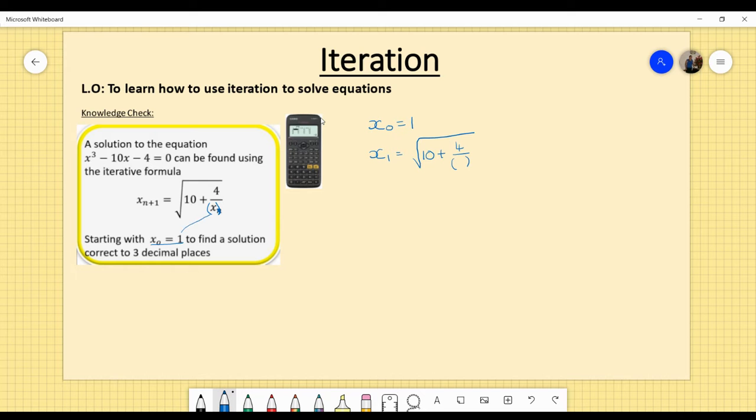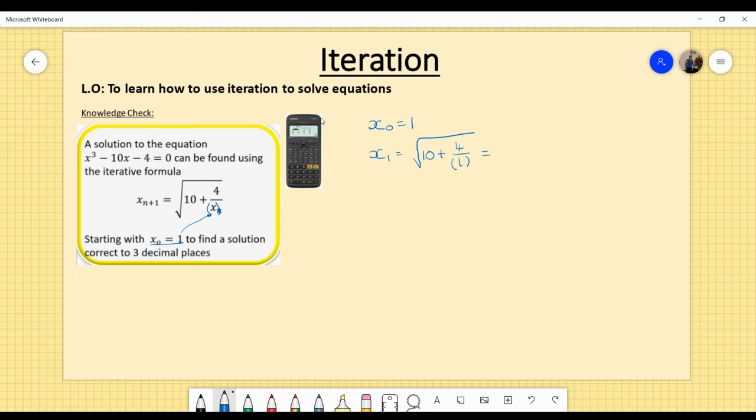Remember, that starting value is the first thing that I'm going to put in my bracket here.